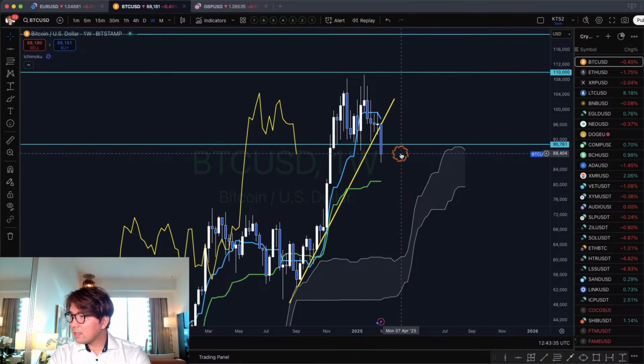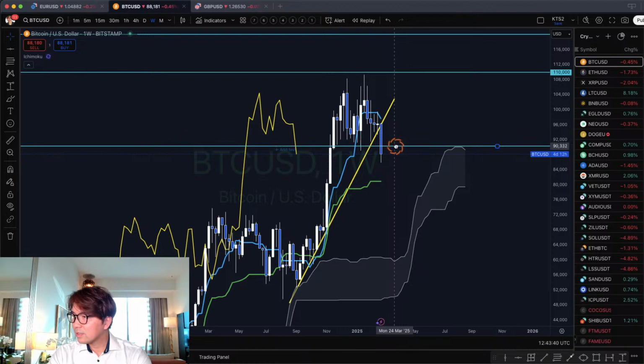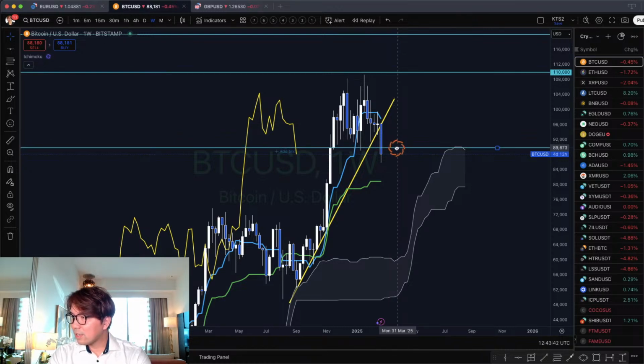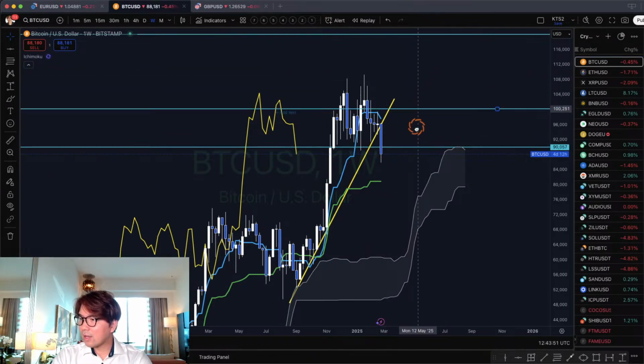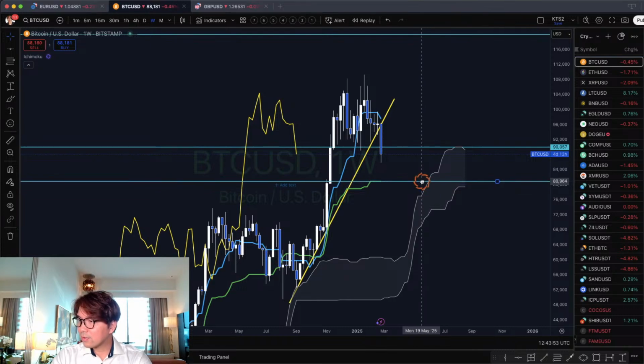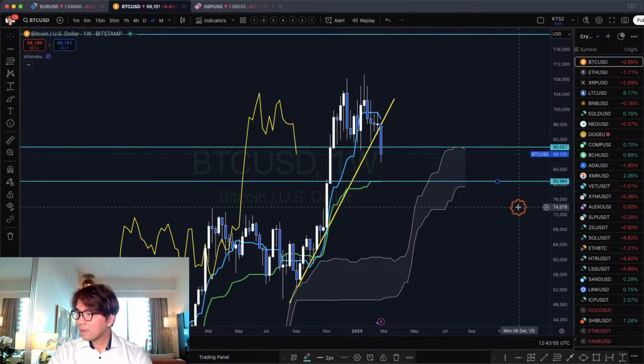As it breaks 90,000 over here, especially, which was a round number. Let me put the bar at 90,000 over here, and looks like now it's getting towards the Kijun Sen. So the target is now on the Kijun Sen down here. 80,900 is the target.